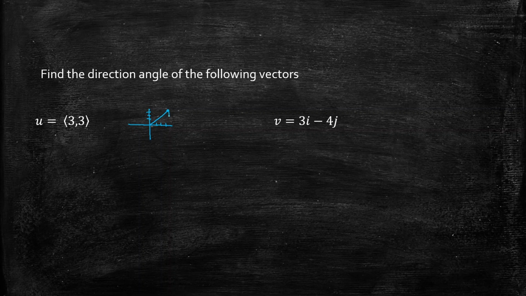We know what that means: my y and my x are equal to each other. Here and here, this is 3, this is 3. I didn't draw my hashes right, but that's okay. So we know that this is going to be 45 degrees. And how can I prove that? Well, remember, tangent theta equals 3 over 3.